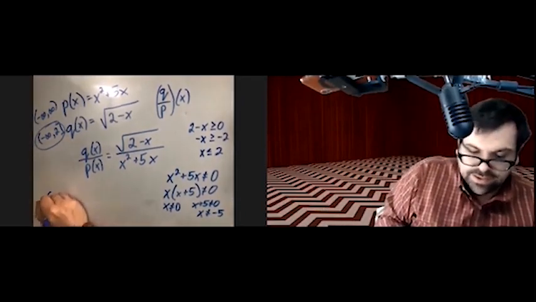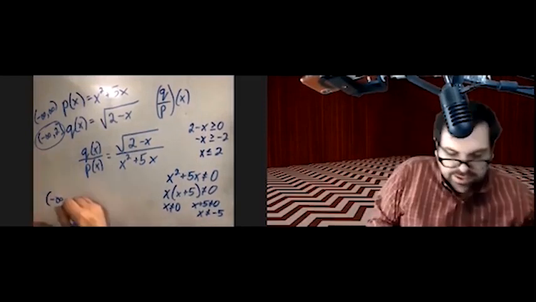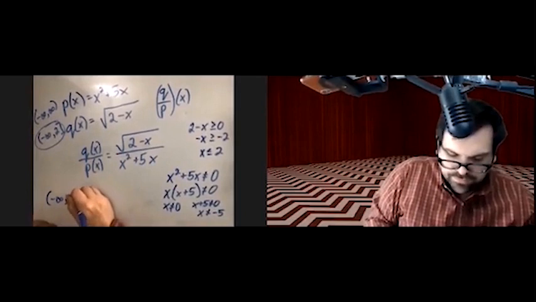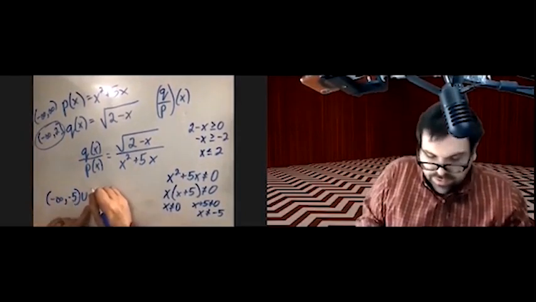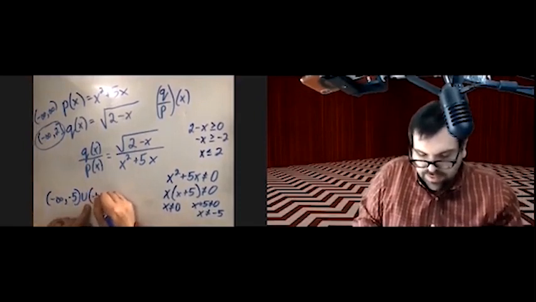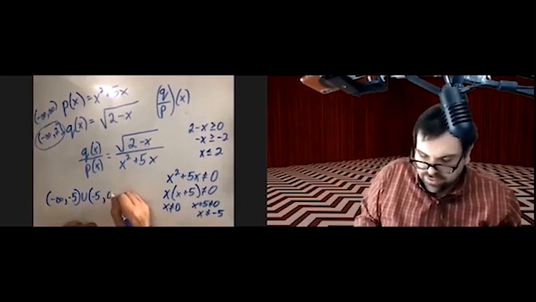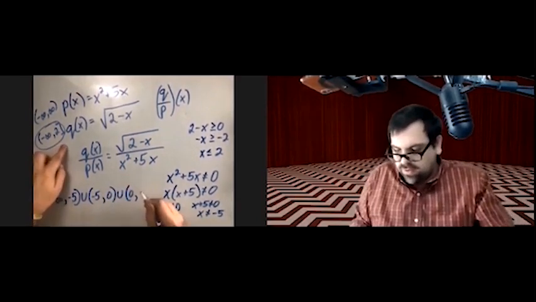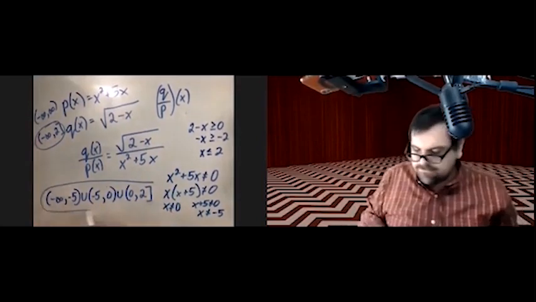It gives us negative infinity to negative 5. Rule out negative 5. So union, there we go. Then we keep going, negative 5 up to, but not including 0 because we're taking out 0. And then we can go all the way up to 2 and include 2, but this will be the domain.